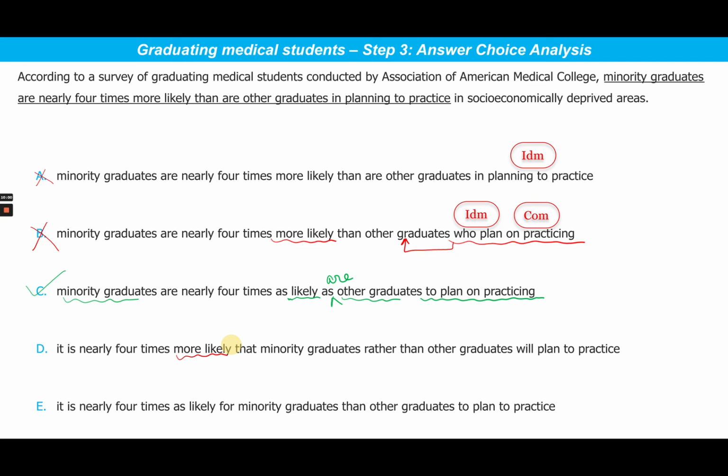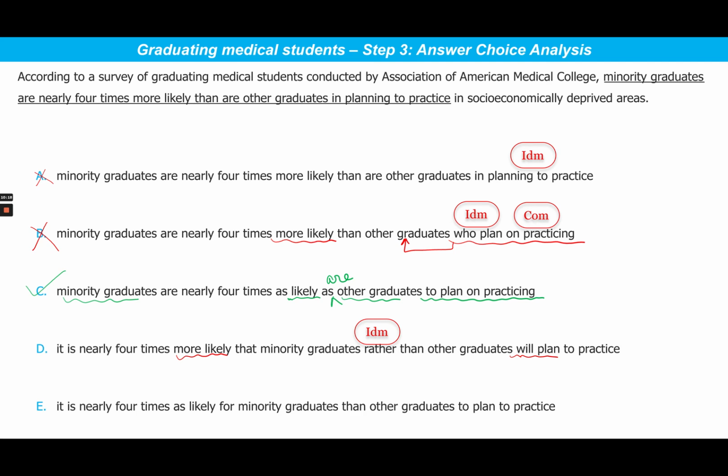Again, we see the change in tense over here. First, the idiom error: will plan to practice is incorrect, because we need to plan on practicing.